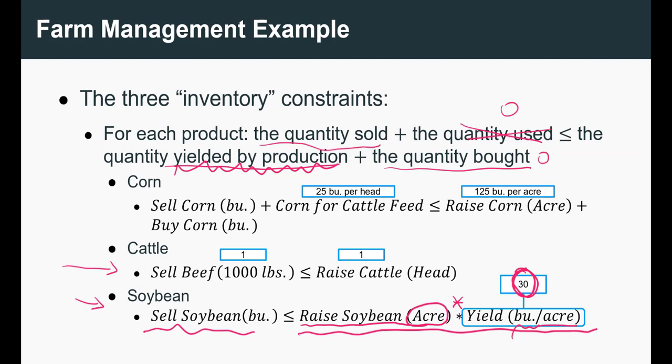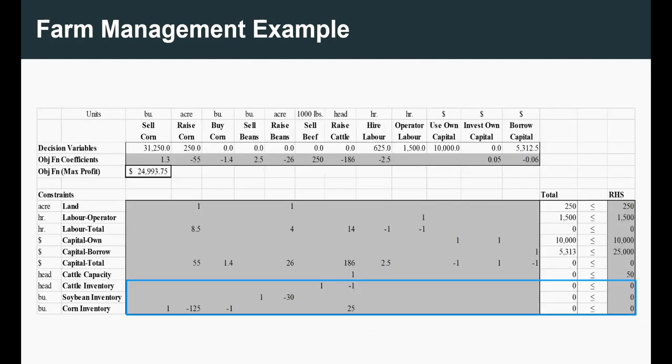On the left-hand side is the quantities sold. If we go back here, you will find there's a minus 30 here. And for the other one, sell beans, it is 1.